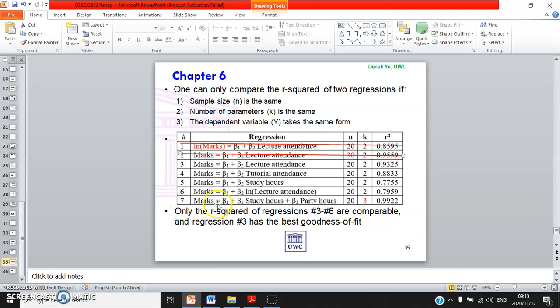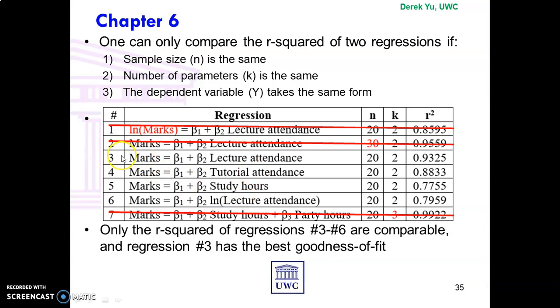And then also, if you look at the 7th regression, it is a multivariate regression. K is equal to 3. Do you see 3 parameters? So it is not the same as the others. So we cannot compare regression 7 with the others. So in conclusion, it is only possible to compare regressions 3, 4, 5, and 6 because Y takes the same form, linear, same sample size, 20, same number of parameters 2.